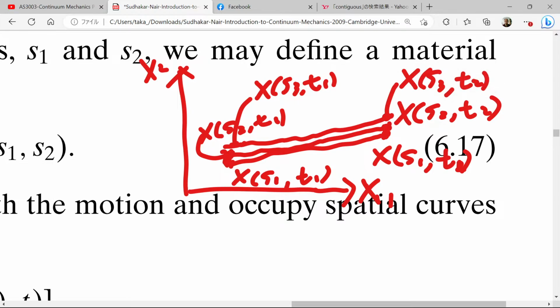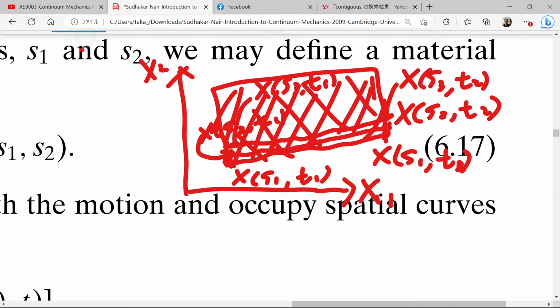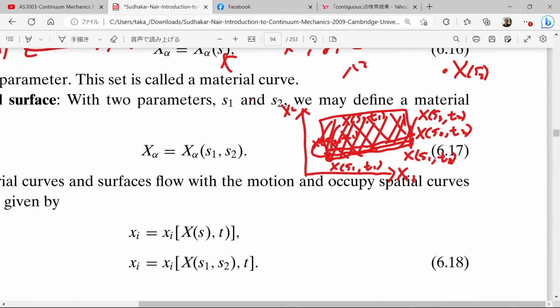In this way you can make a surface. That is the idea.